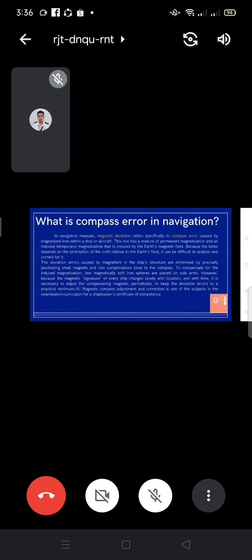However, because the magnetic signature of every ship changes slowly with location and with time, it is necessary to adjust the compensating magnets periodically to keep deviation errors to a practical minimum. Magnetic compass adjustment and correction is one of the subjects in the examination curriculum for the Ship's Master Certificate of Competency.